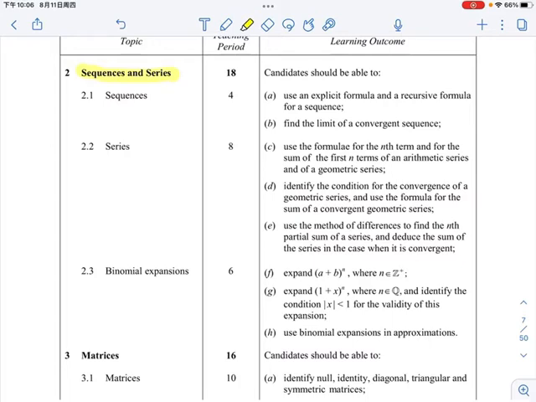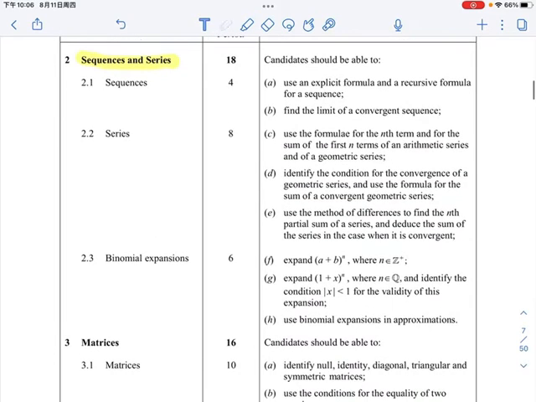In this topic, especially 2.3, binomial expansion may be new to all of you. Like you can see here, expand (a + b) to the power n.